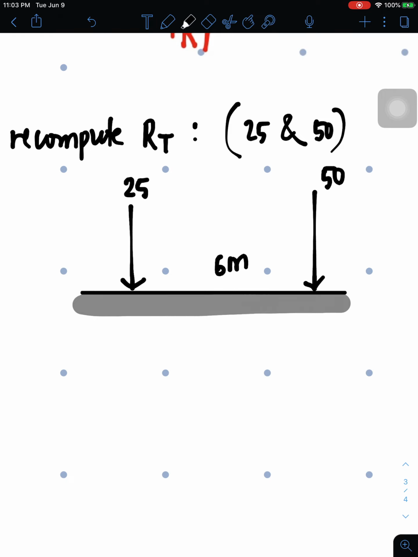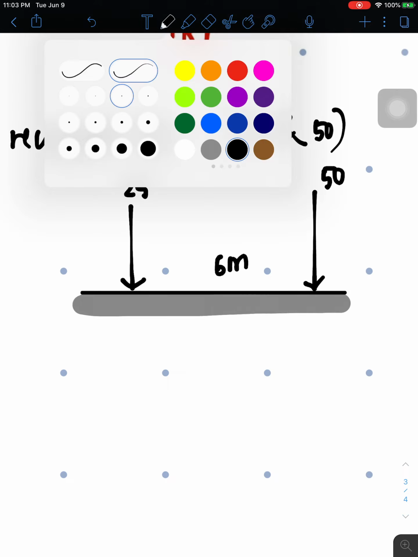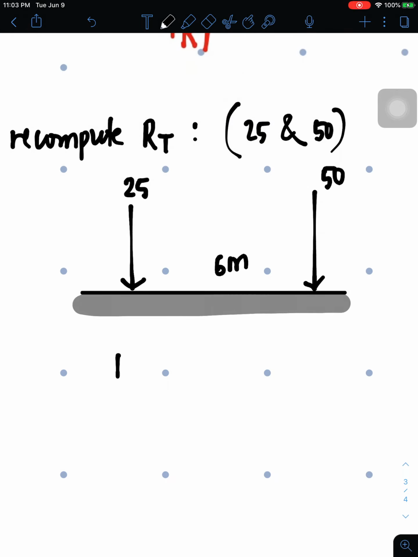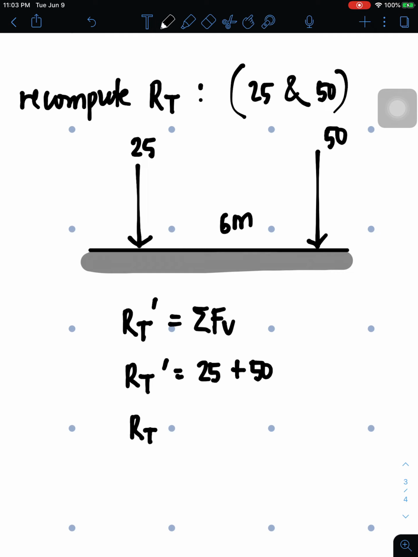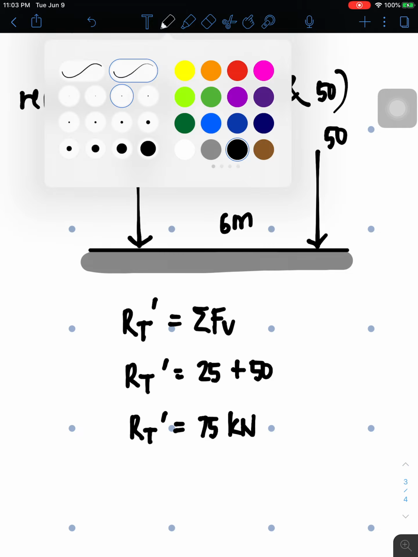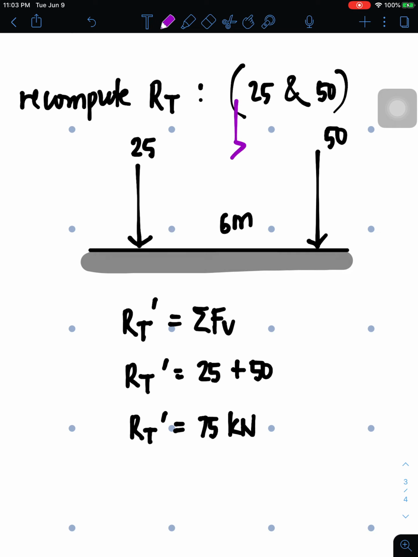Okay, so let's recompute the resultant. So computing the resultant, the new resultant, it's going to be the summation of forces vertical, and the new resultant, it's 25 and 50. So the new resultant is 75 kilonewtons. So since naman tayo bagong resultant, might as well get the location of the new resultant.